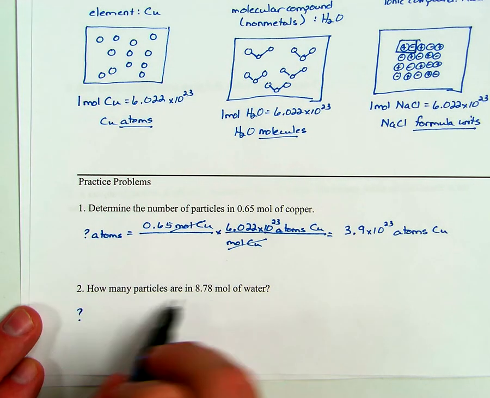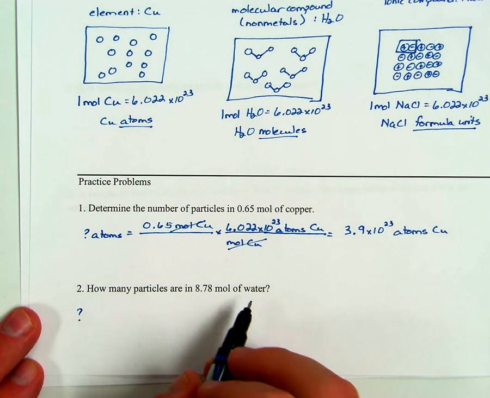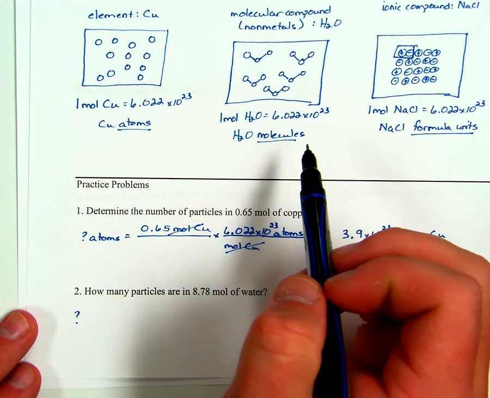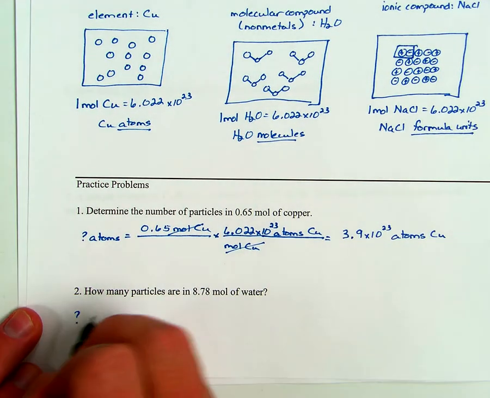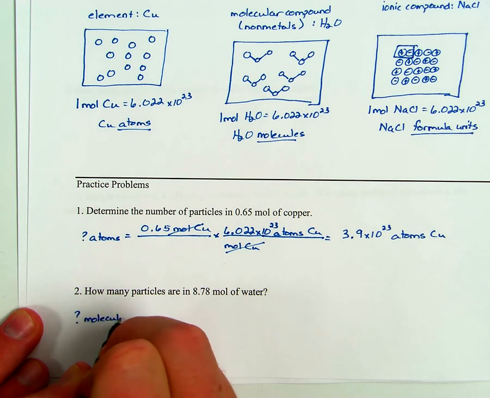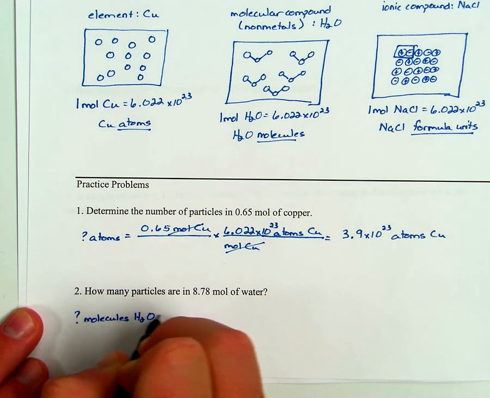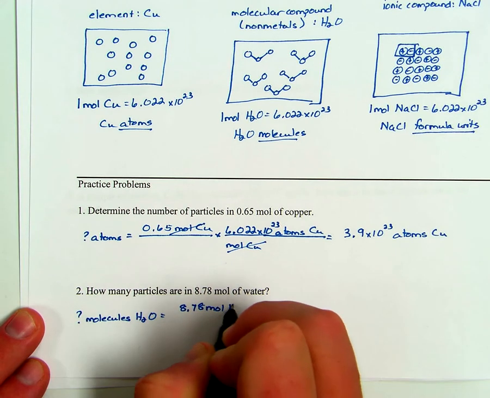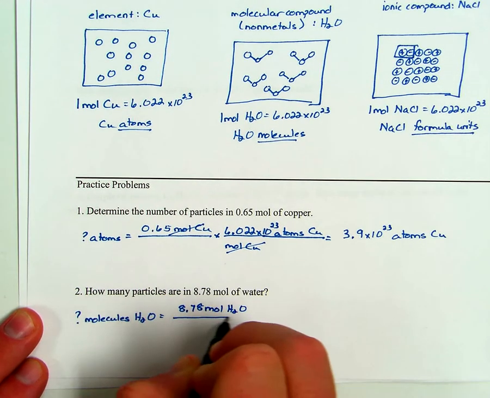Well, if we look back up at our example here, the smallest particle, the representative particle of water, would be called a molecule. So how many molecules of water are equal to 8.78 moles of water? Well, same conversion factor as before.